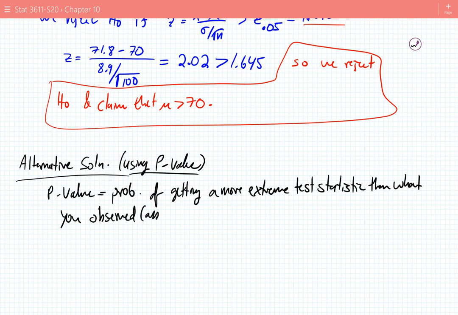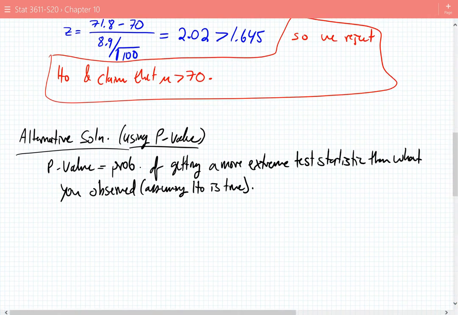All of this, of course, is assuming the null hypothesis is true. P-value: probability of getting a more extreme test statistic than what we observed.